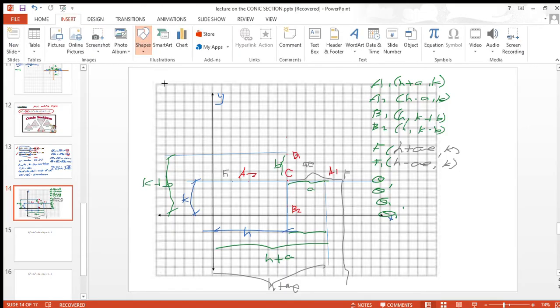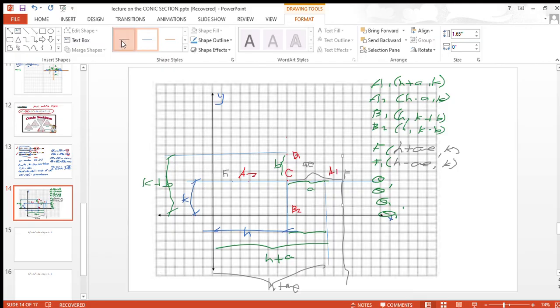Let's insert those lines first. So let's say we have this as one of the lines, and then let's draw another line passing through A2 this time, perpendicular to the transverse axis.